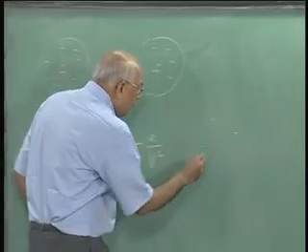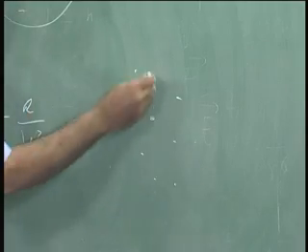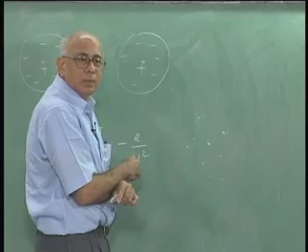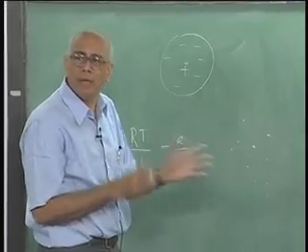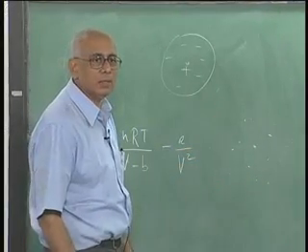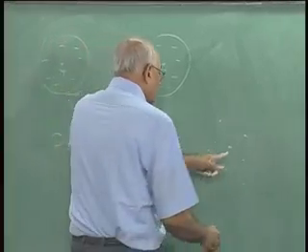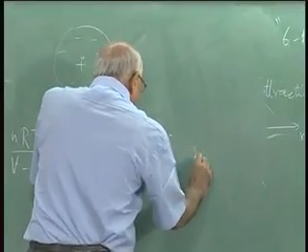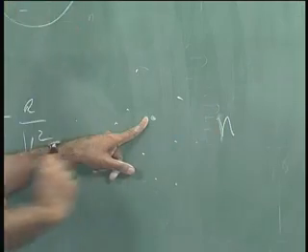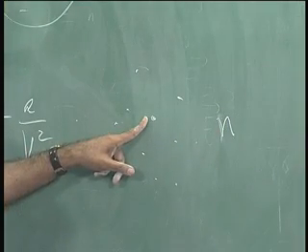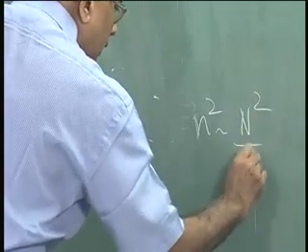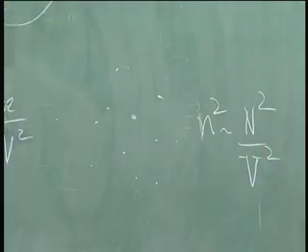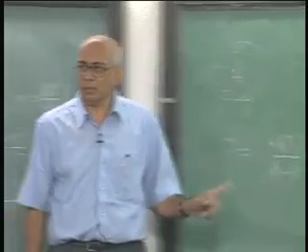And the idea is any one of these guys is going to be affected by all of them around, right, and if you assume in the simplest approximation that they are affected equally by all of them around, everyone is affected by everybody else in exactly the same fashion independent of the distance, then each molecule has an energy proportional to the concentration of particles n, and there are n of them per unit volume, so the whole energy goes like n squared, and that is like n squared over v squared, and you have hidden the n squared in the parameter a and taken only the v squared down.